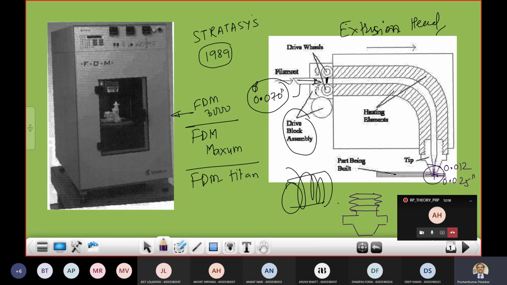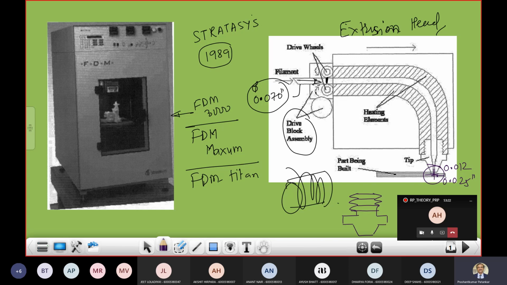Again, it depends on the overall dimensions of the part which you are going to make using this particular technique, the final dimensions, overall width, overall height, overall diameter. So all those things matter a lot.